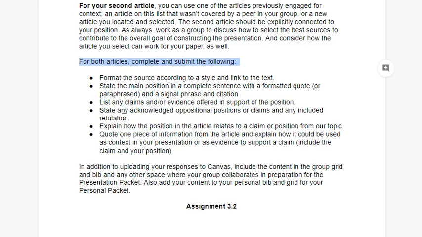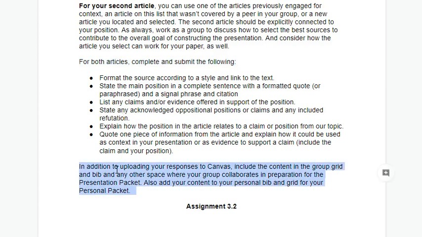State any acknowledged oppositional positions or claims and any included refutation. Explain how the position in the article relates to the claim or position from our topic. Quote one piece of information from the article and explain how it could be used as context in your presentation or as evidence to support a claim. Include the claim and your position.